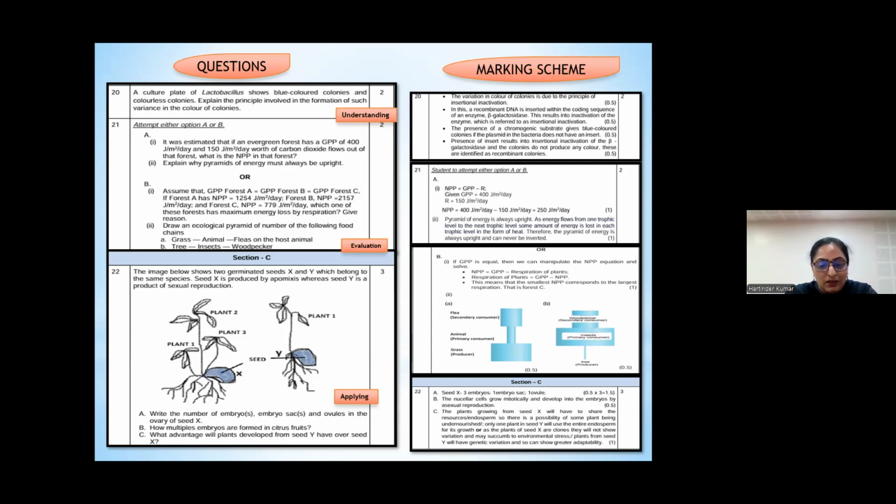So this is again a concept into 2 different concepts, that is micro concepts. And on the basis of those concepts only, they have asked different questions, that is embryos in seed X or seed Y, multiple formation, what we say is polyembryony in case of some citrus plants also. Advantages that plants will develop from seed Y and why not. So this is a case of apply.